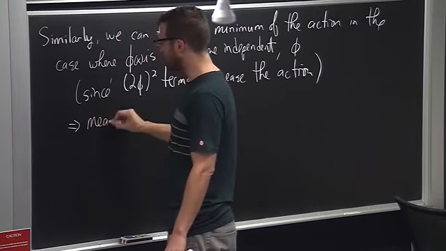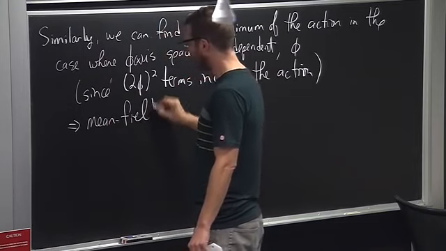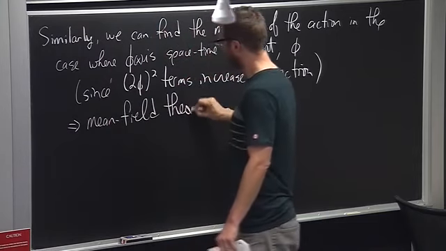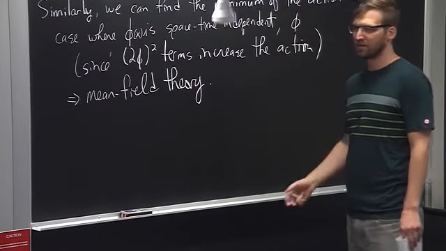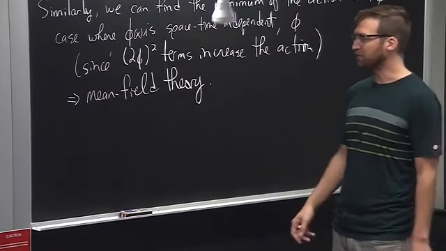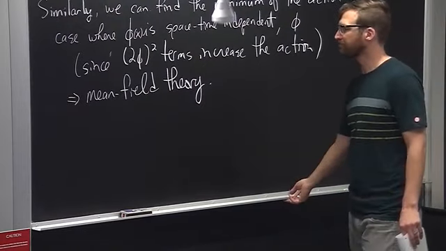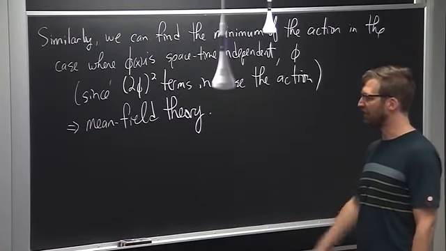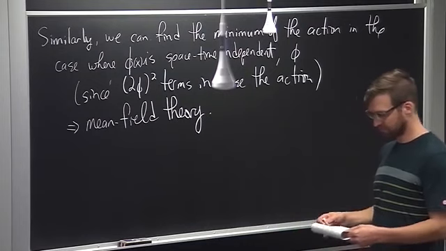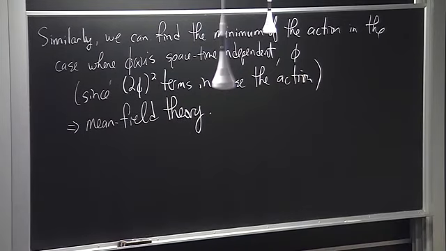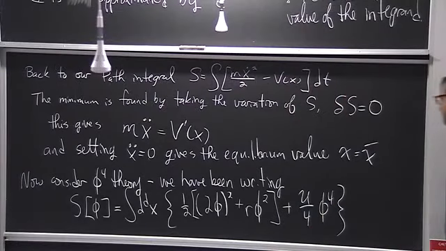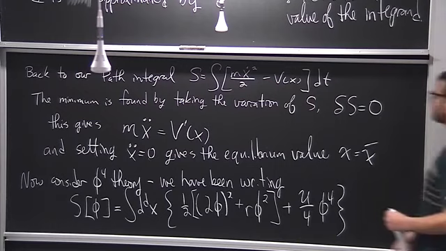And this is why it's called a mean field theory. We're no longer considering all the space-time dependence of the fields. We're just looking at what it does on average. So we can take this Lagrangian density and do the same minimization as we did in this step here.